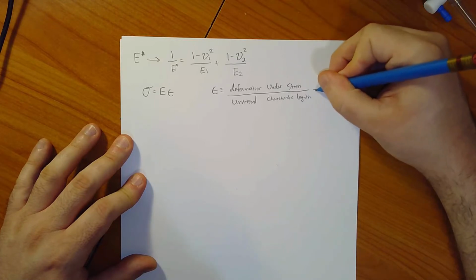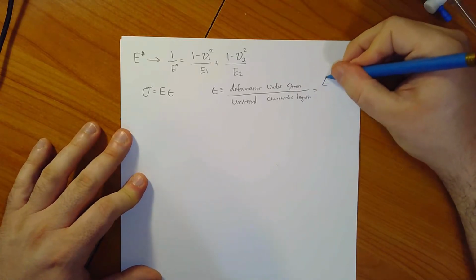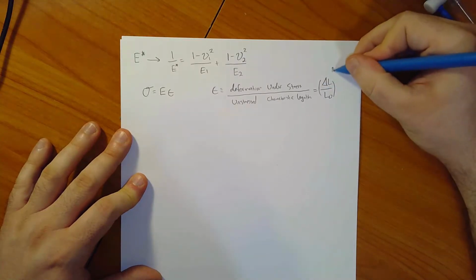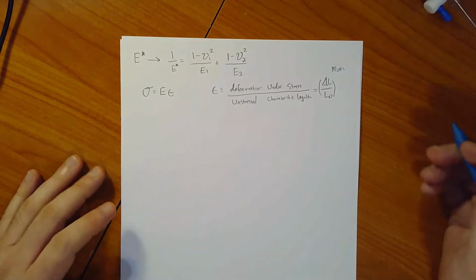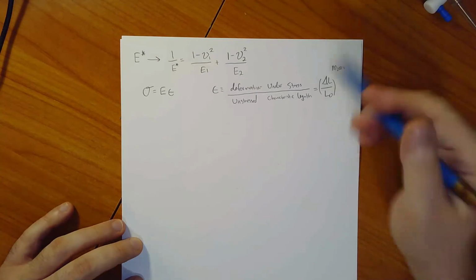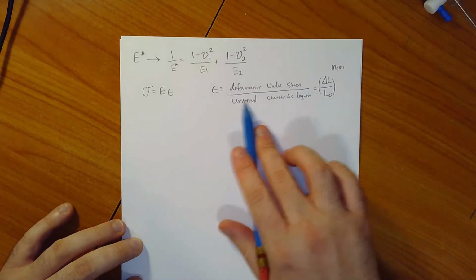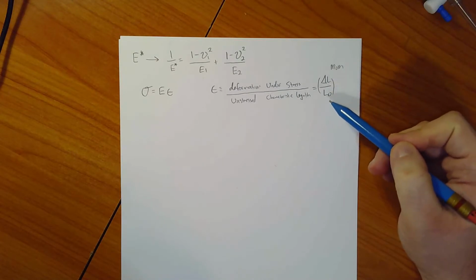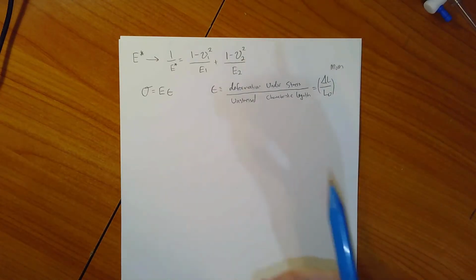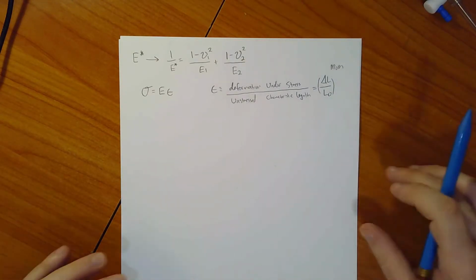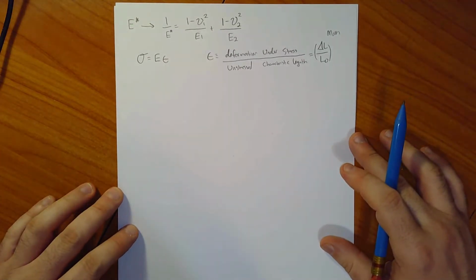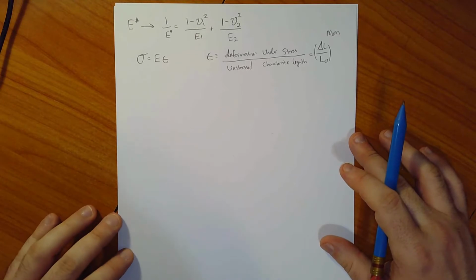You might remember this from mechanics of materials as something like delta L over L naught. That's the mechanics of materials way you might have seen this. But I'm just going to leave it as words here, because we're not really dealing with delta L over L naught. We're dealing with a different combination of variables, because we have a toroidal shape as opposed to just a shaft or a rod we're deforming.